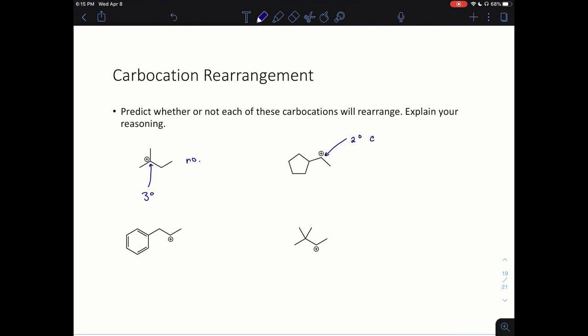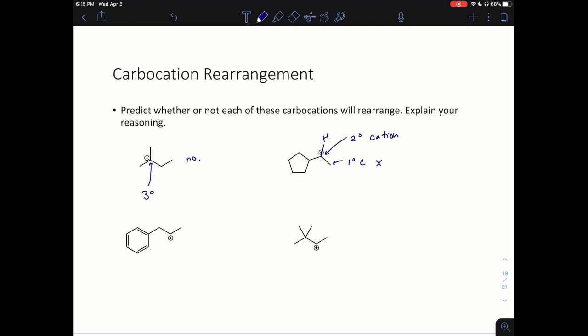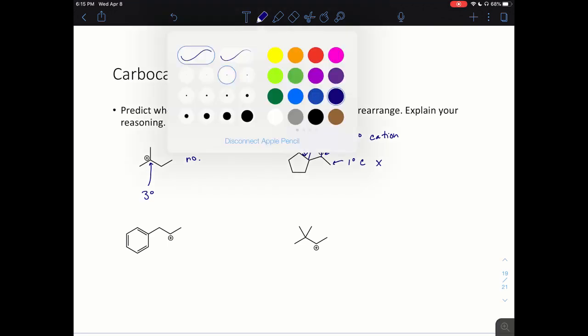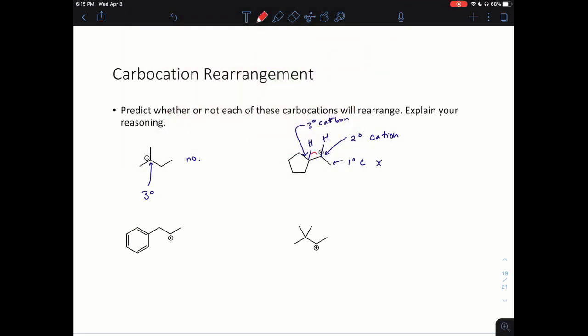So that's not going to be a consideration here. But we do have a secondary cation, and we know that they are in those intermediate stabilities. So look at the carbons adjacent to it. This is the primary carbon, and if there's any sort of hydride shift, it's going to make a primary cation. Not going to happen. But its neighbor on the other side, this is a tertiary carbon. Not a cation yet, but it can certainly rearrange.